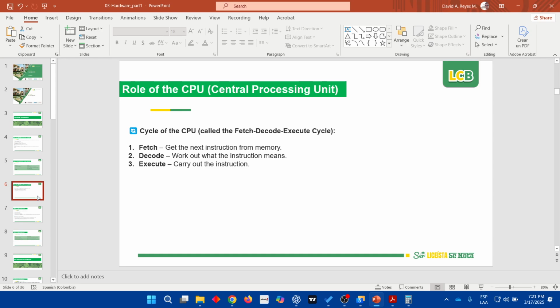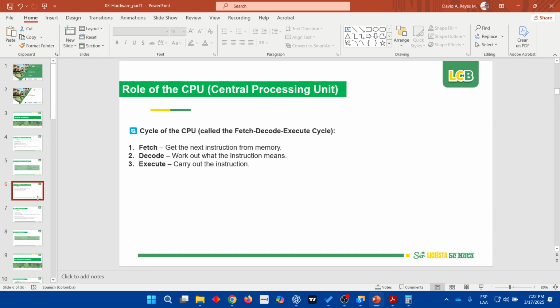Now, the cycle of the CPU is called the fetch, decode, execute cycle. So I'm going to start explaining that, but let me delete my board. So here and here. Okie dokie. Okay, fetch. Get the next instruction from memory.